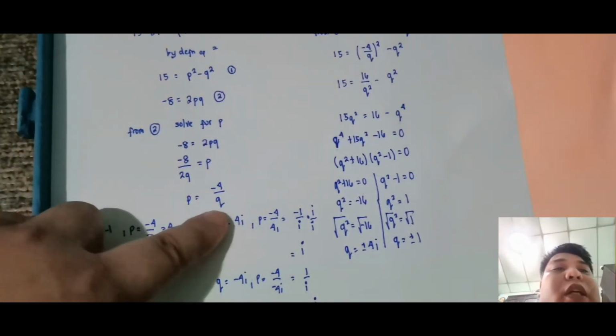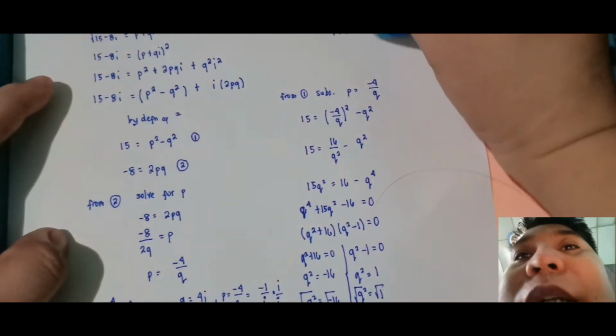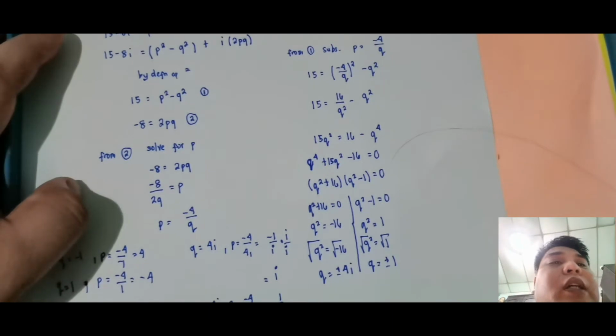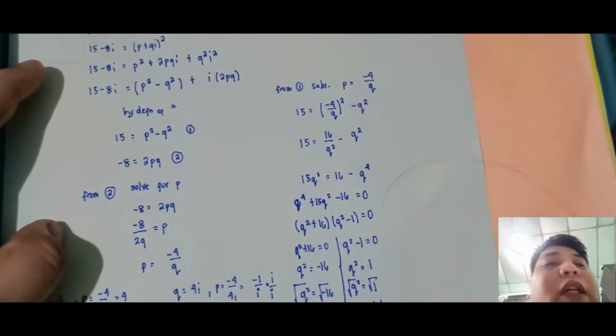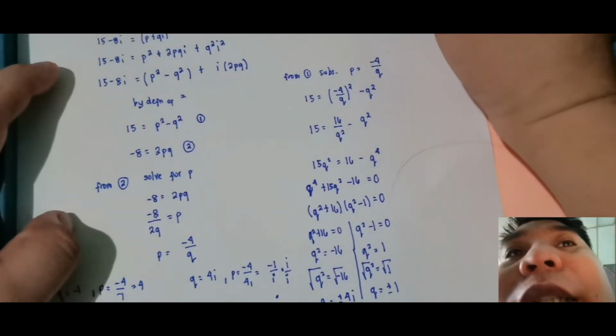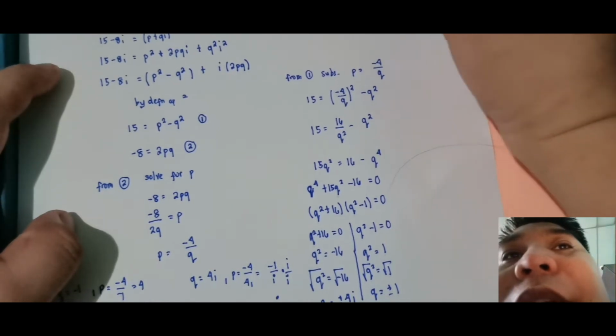So kung meron kang 4i, meron namang i. Okay, so another naman, i sa P tapos positive 4i. So this is plus 4i multiplied by i, which can be simplified as i minus 4.